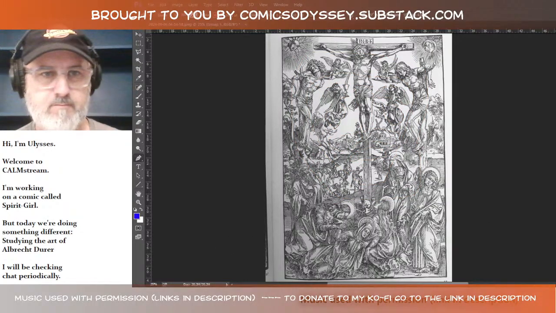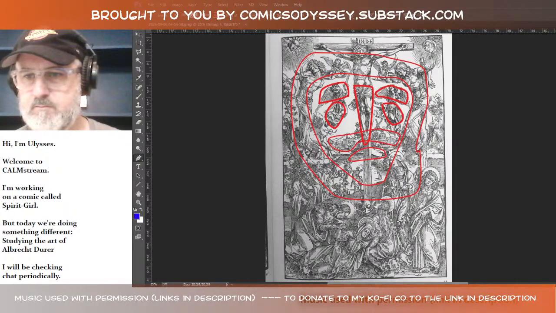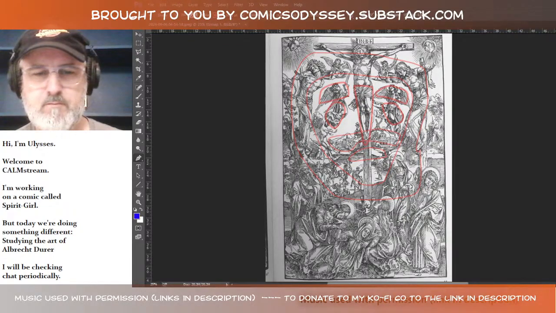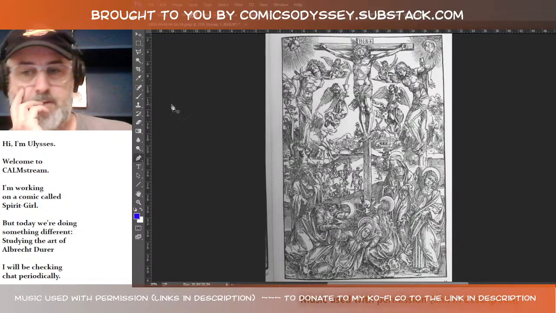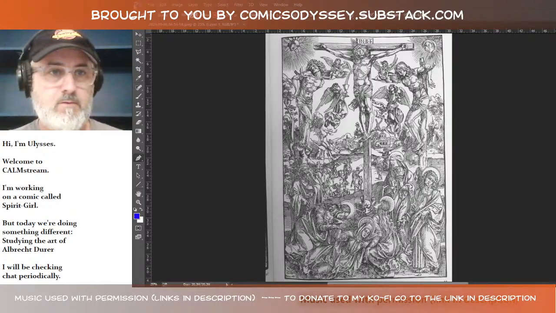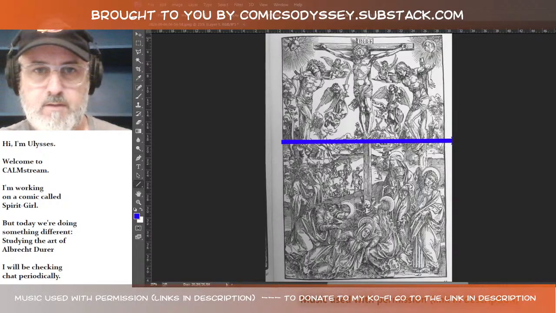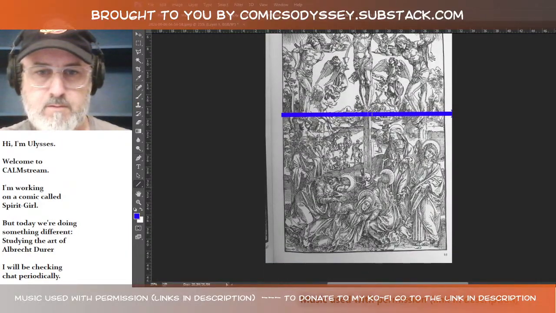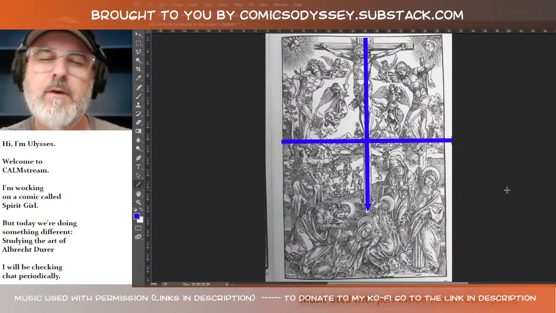You seen that? So, to me, that's clear. We also got other compositional elements, which is the horizon line, and then center line, which is also a cross, which is appropriate for the subject.